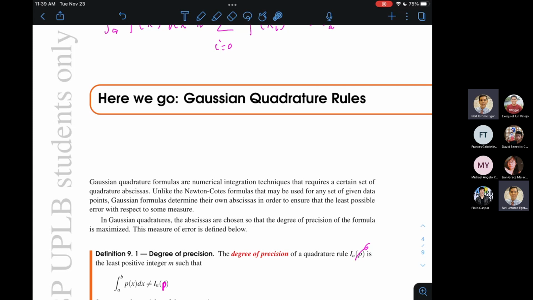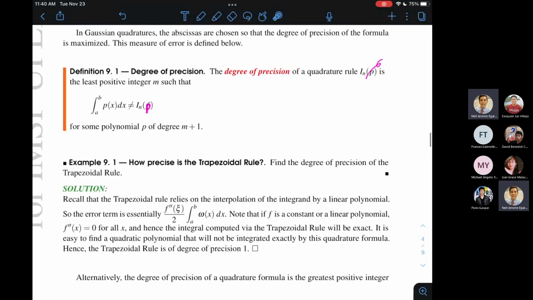And of course, once we have chosen the abscissas, we must also decide what the weights associated with these abscissas are. But key to this characterization of the Gaussian quadrature rules is the term degree of precision. Okay? Because we want to maximize the degree of precision of the quadrature rules by picking the appropriate abscissas and weights associated with them. So rightfully so, we'll start with the definition of the degree of precision.